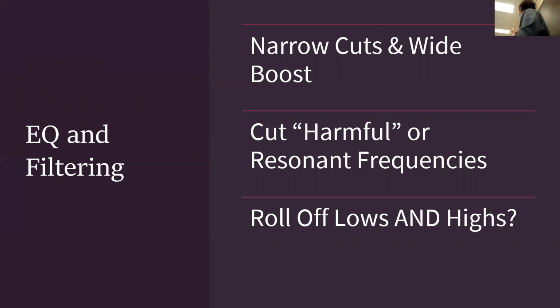So for a lot of elements, people tell you to roll off the lows, but that isn't always something you want to do. It's kind of a tricky thing. You just want to be careful that you're mainly doing it if there's something to be gotten rid of. A lot of people, when they hear this advice, start rolling off things that are actually a part of the characteristic of a sound that you're working with.